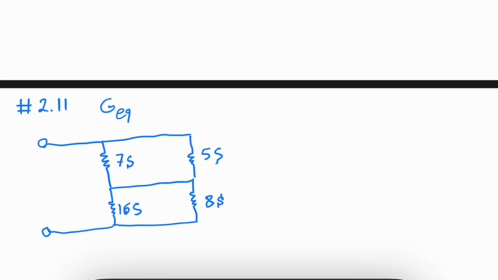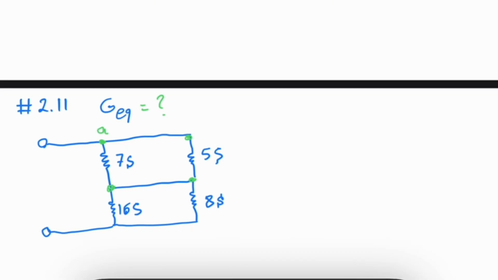Now, let's solve the last problem, problem 2.11, which asks you to find the equivalent conductance. What do we know about conductance? Conductance is the inverse of resistance, meaning that if two conductors are in parallel, we should add their values. So, like here, these two are in parallel because they are using the same two nodes.